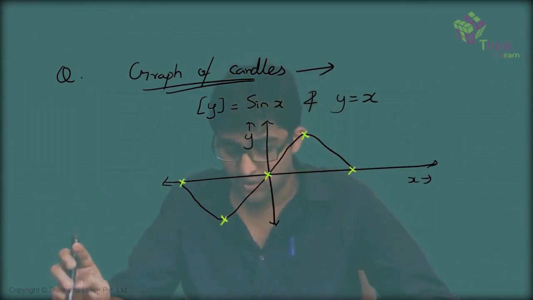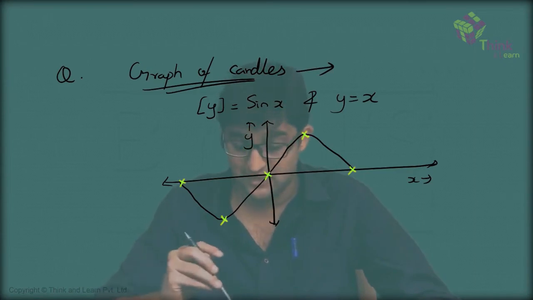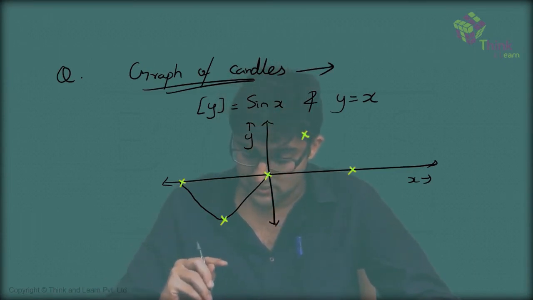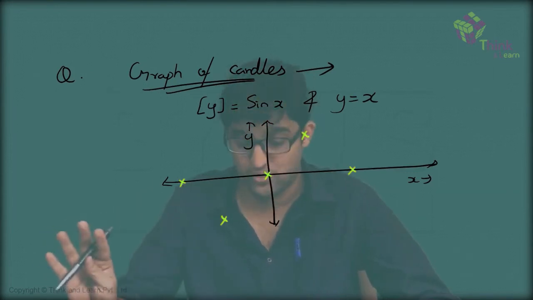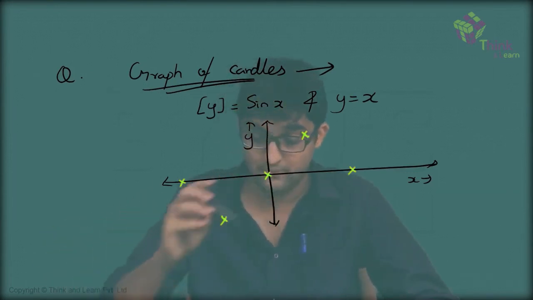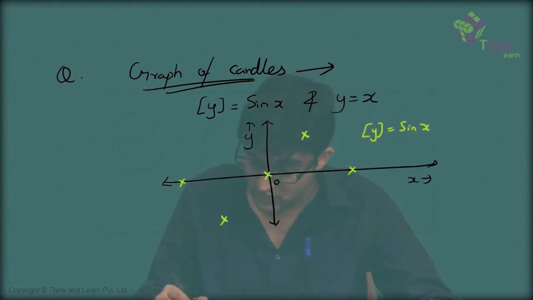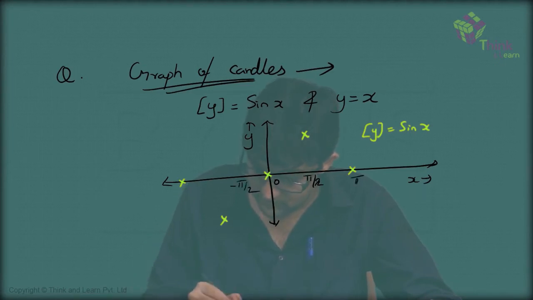So when I'm talking about this particular function, only these integer terms remain. Remaining everything goes off. So this is what your function greatest integer of y is equal to sine x is. It happens at the points 0, pi by 2, pi, minus pi by 2, and minus pi.